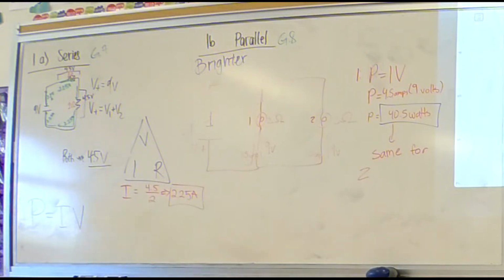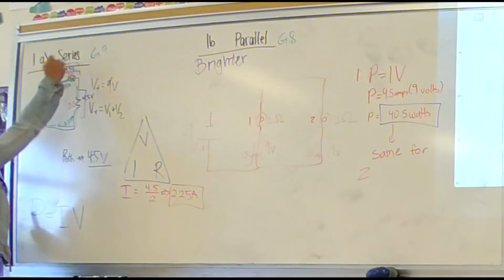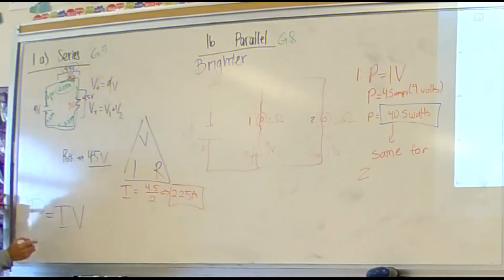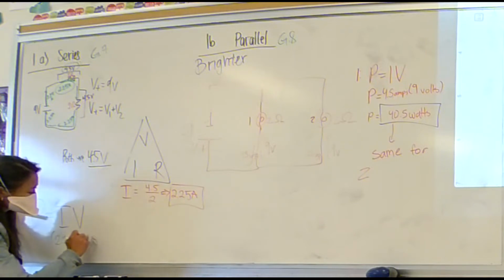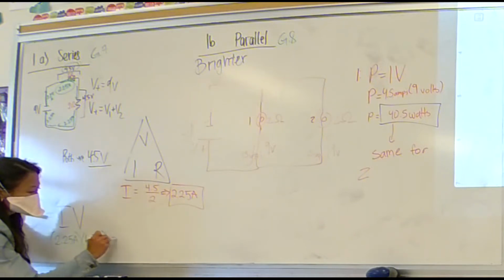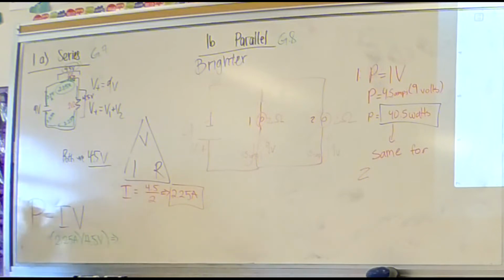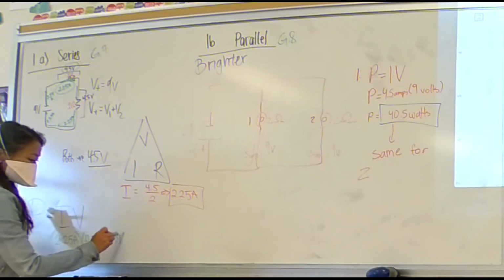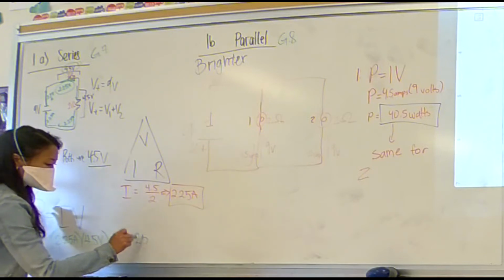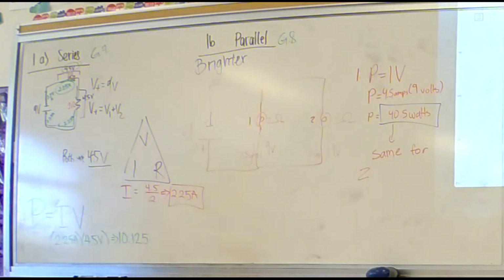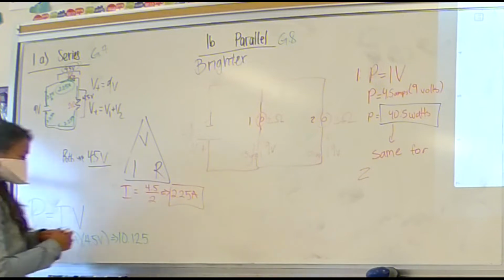All right, so we've got our voltage, we've got our current. Let's multiply them together. 2.25 amps times a voltage of 4.5 volts gives me, what is it, 10? 10.125. And what is my unit for power? Watts.